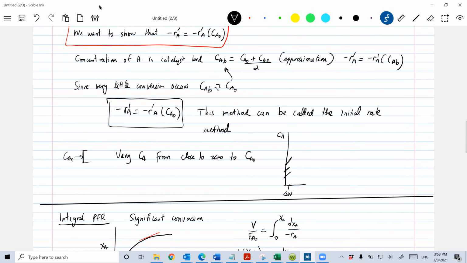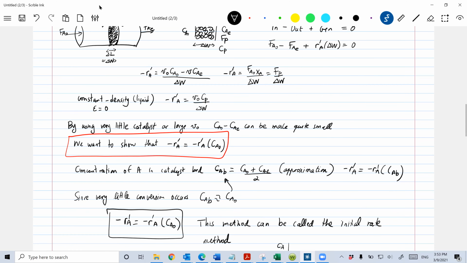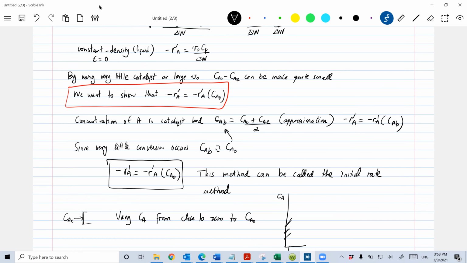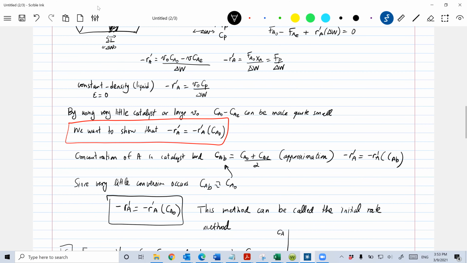If you go up again to the differential PFR, you're also measuring concentration, so this one you actually could measure RA directly, because you know CA naught and you're measuring the exit CA. But you'll still need to convert.